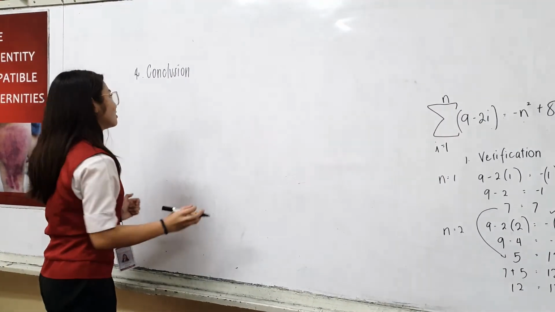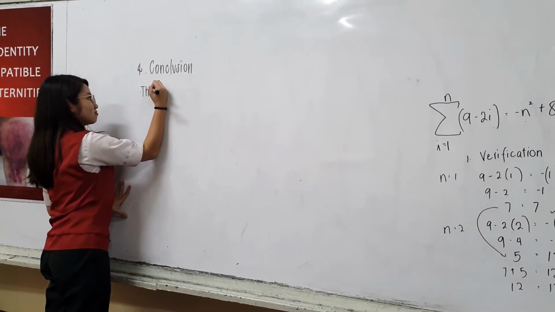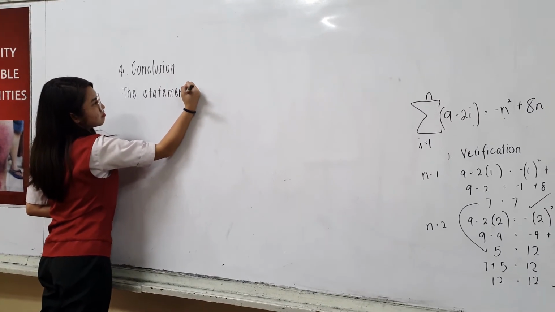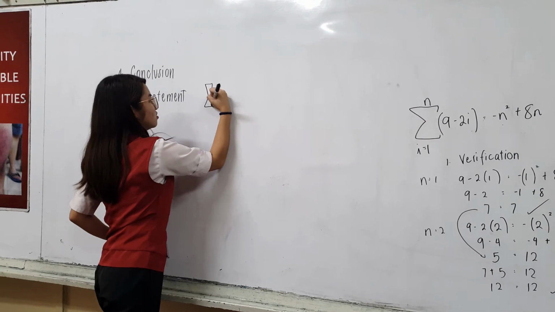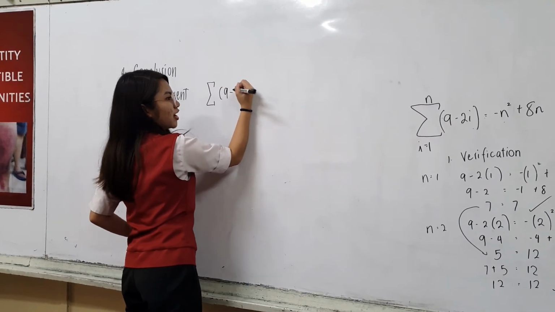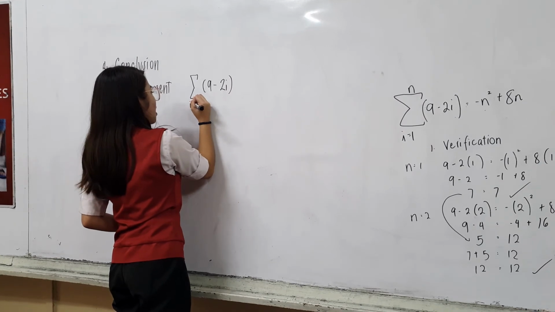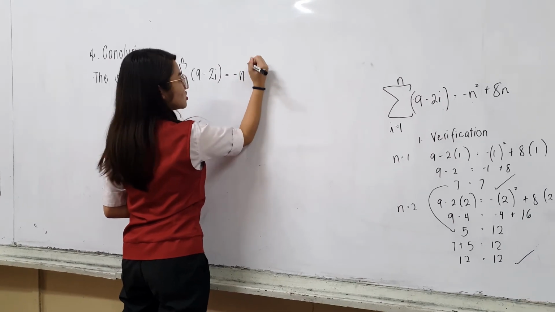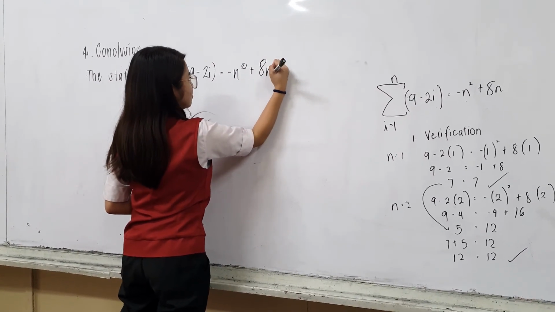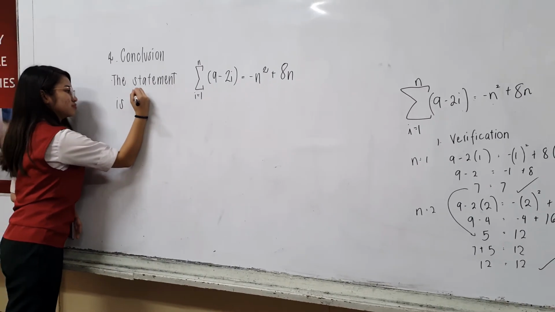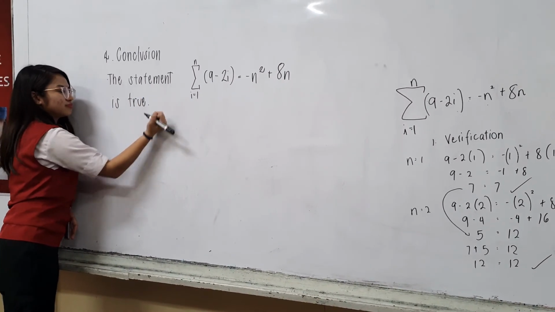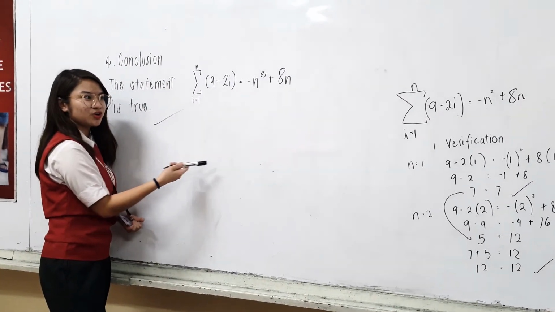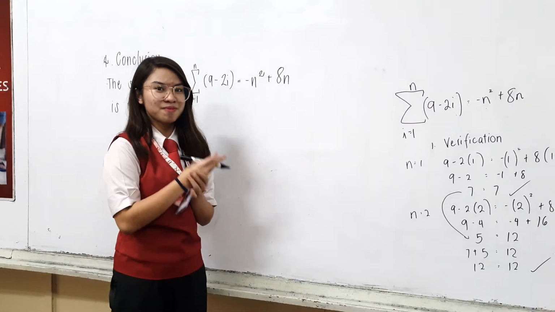In this step, we can say that the statement summation of 9 minus 2i from i equals 1 up to n is equal to negative n squared plus 8n is true. And that's all, and it's finished. So this statement is proven to be true after doing all the steps for mathematical induction.